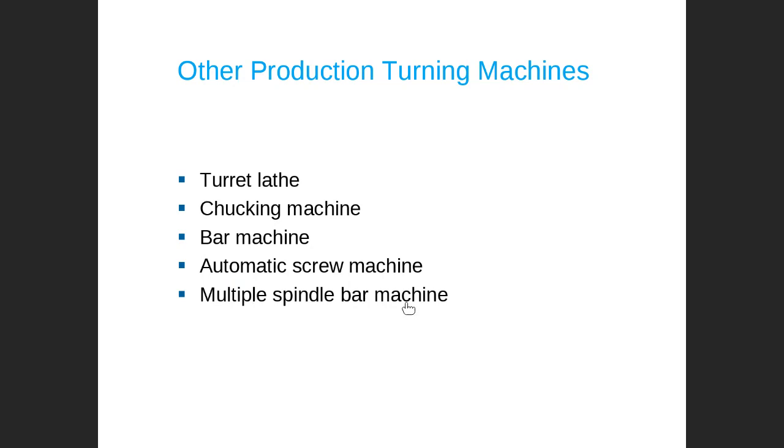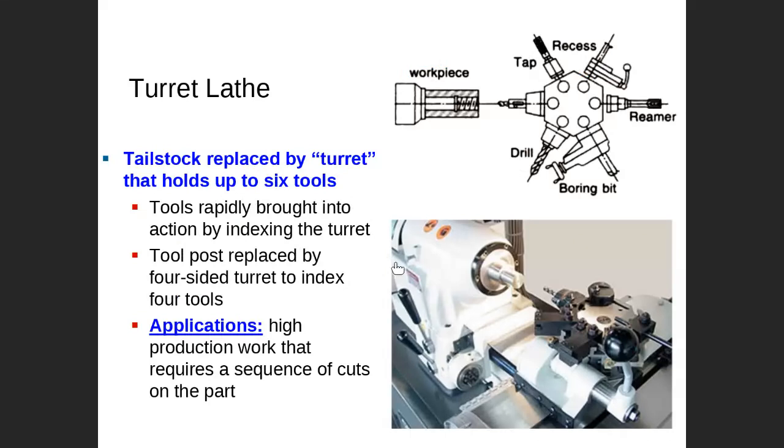These machines are ordinary lathe machines, but they added some modification, some improvement, to make it automated, with a faster production rate, better performance and so on. They added a special mechanism for improvement, right? This is the item that we're going to discuss, which is other production turning. It is exactly turning, but a little bit of modification we will discuss now.